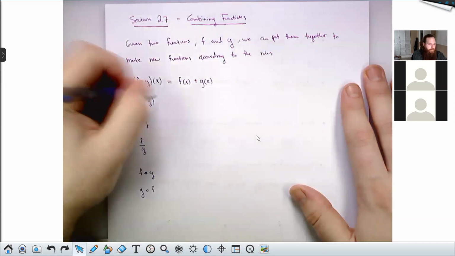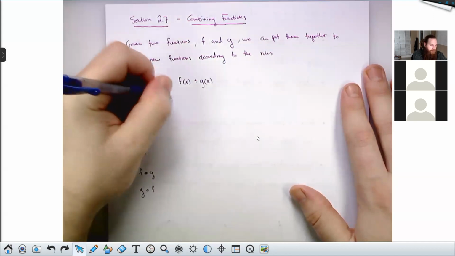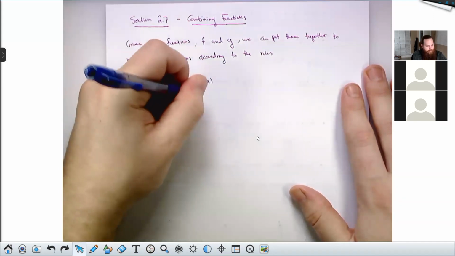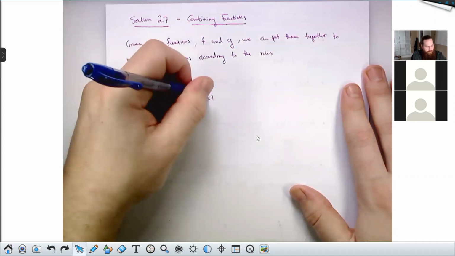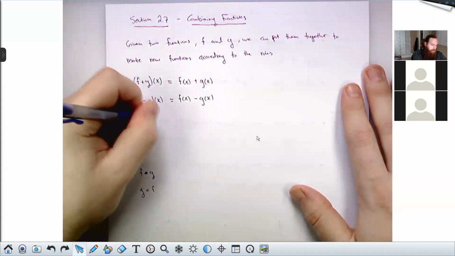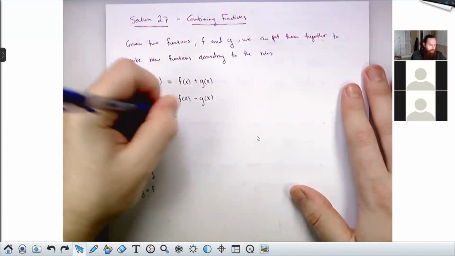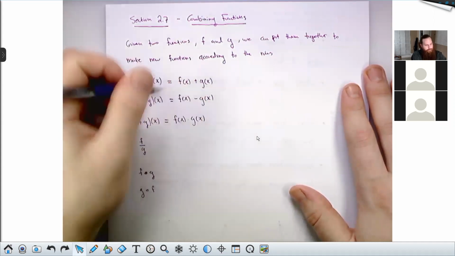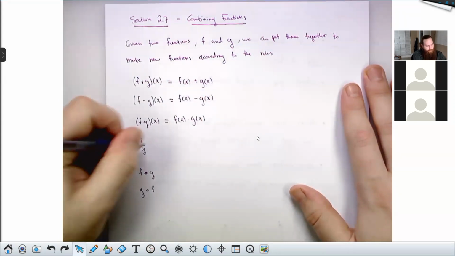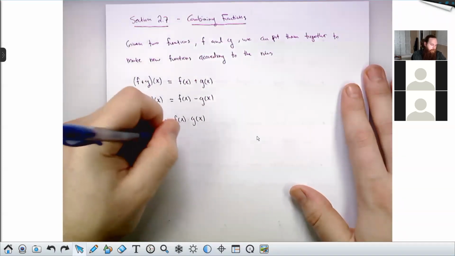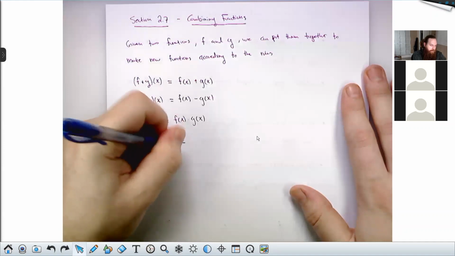The new function f minus g follows the rule that f minus g of x is f of x minus g of x. I know it's so exciting, right? F times g of x, again, super creative, is f of x times g of x. F over g of x is going to be f of x over g of x.